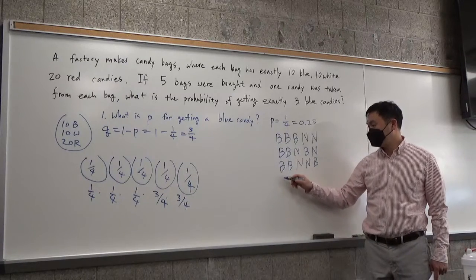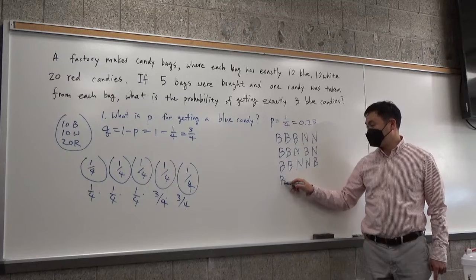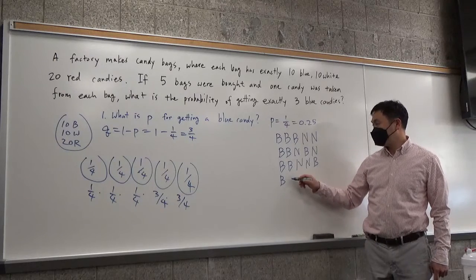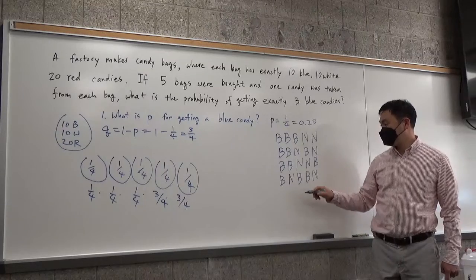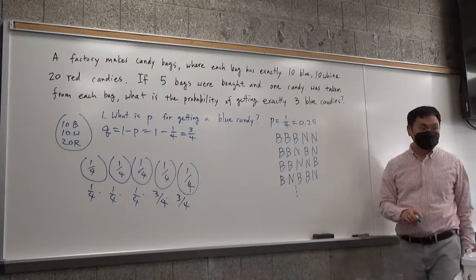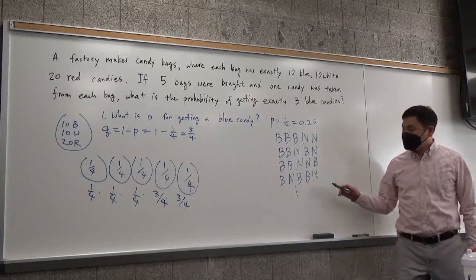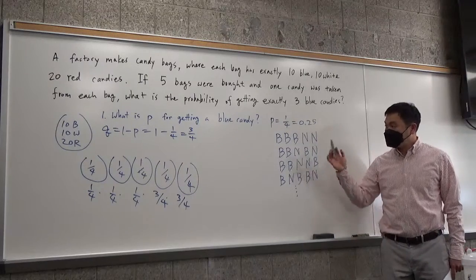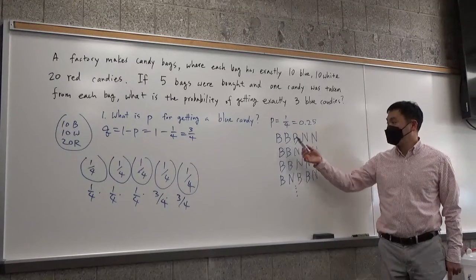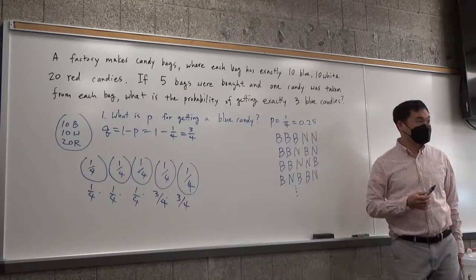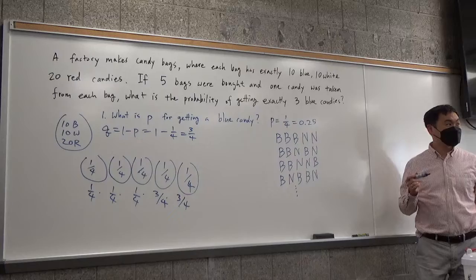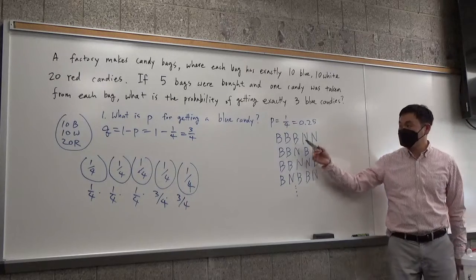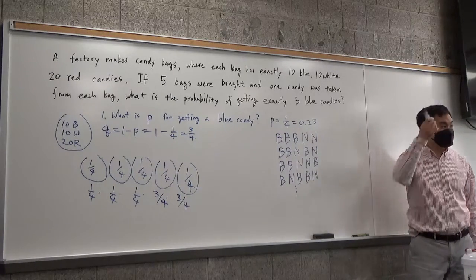And then you can now go to blue, not blue, blue, blue, not. You can keep going on, right? So now the question is, how many different ways can you arrange 3 blues and 2 non-blues? Can you think about that? How many ways can you arrange 3 blues and 2 non-blues?